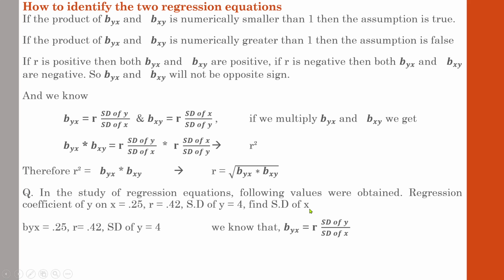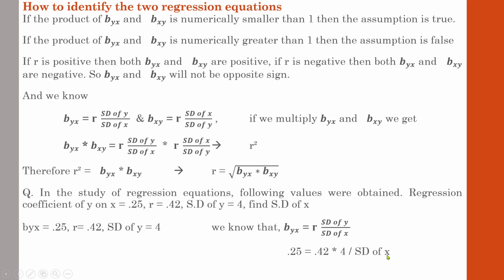Sometimes you may come across a simple question like this. On the basis of the details given, we can use this equation: byx equals r into standard deviation of y divided by standard deviation of x. Byx is already given, so 0.25 equals 0.42 into 4 divided by standard deviation of x.